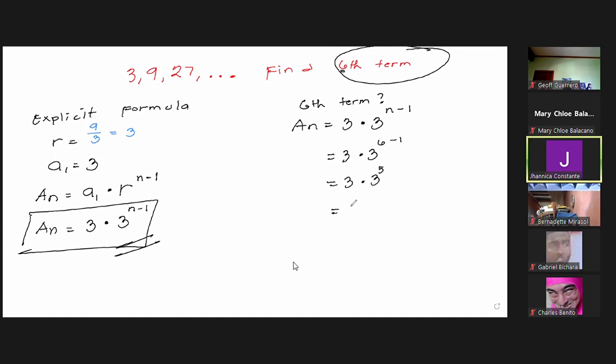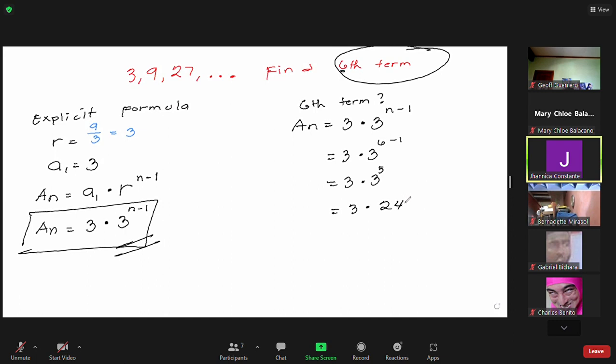So we will be having 3 times 243. So 243 times 3 is equal to 729. So that is the sixth term of our geometric sequence.